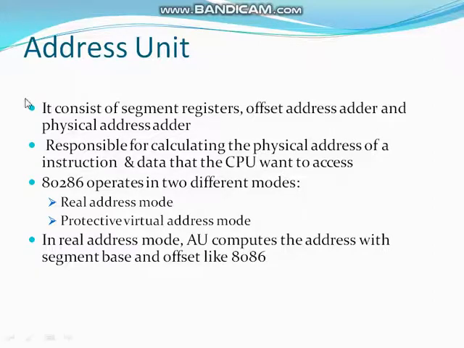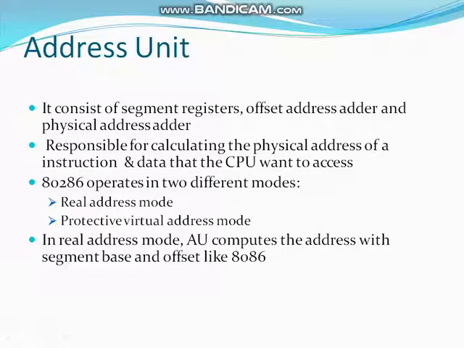That's why the first unit is the address unit. It is responsible for finding the address of that particular location from where we want to access the instruction or data.